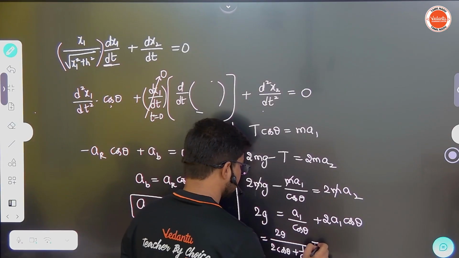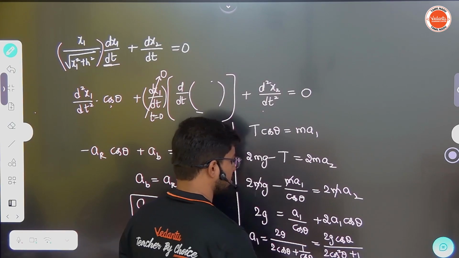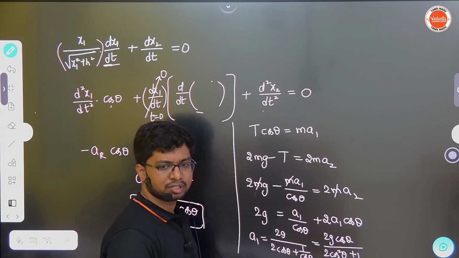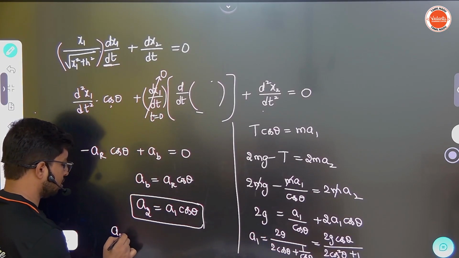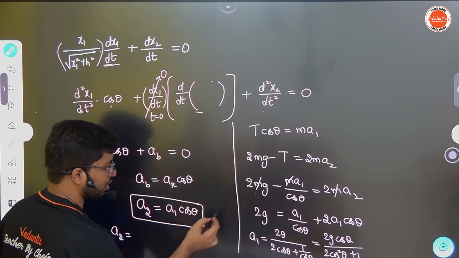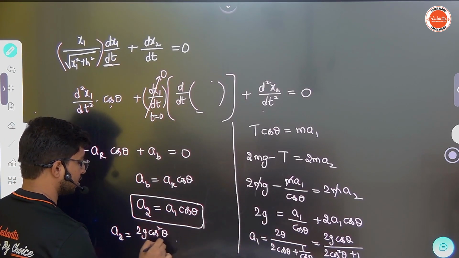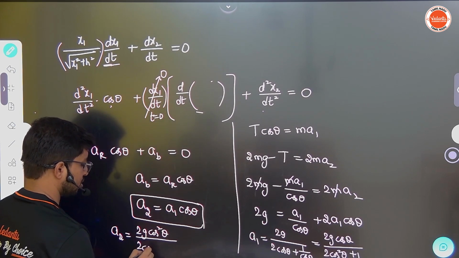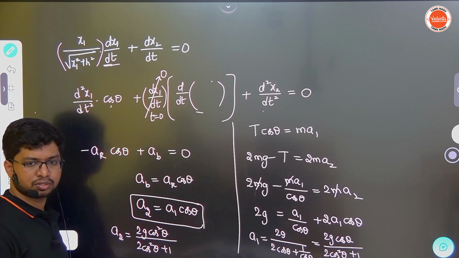Clear? Which you can write this as, take cos theta as LCM. So 2g cos theta divided by 2 cos square theta plus 1. Clear with this? So once you get a1 here, what is your a2? a2 is equal to, you just have to multiply with one more cos theta to that term, right? So which is your 2g cos square theta divided by 2 cos square theta plus 1. Understood?